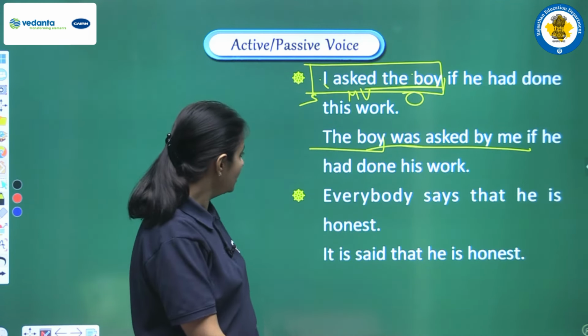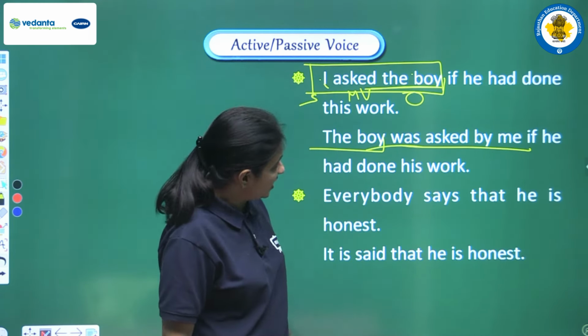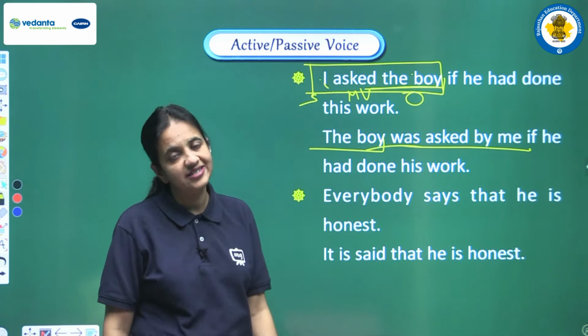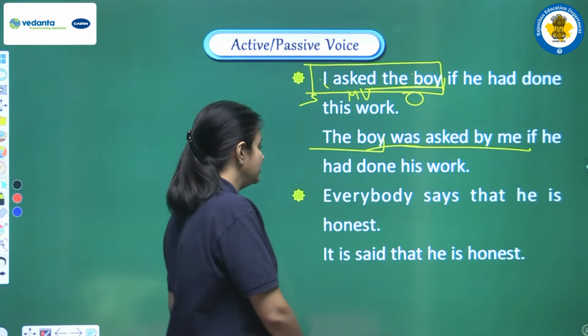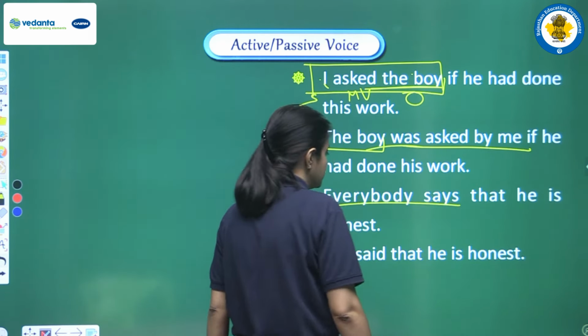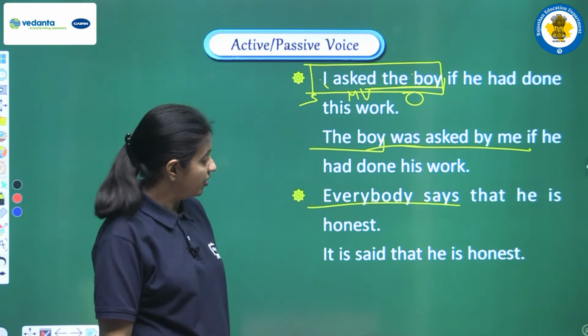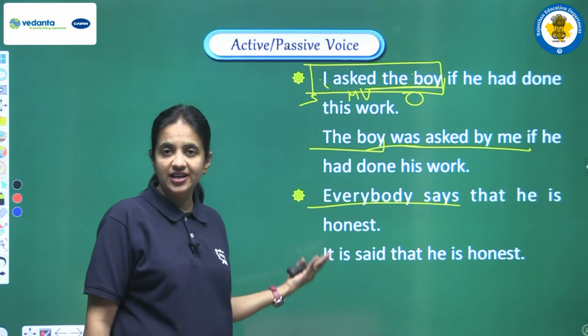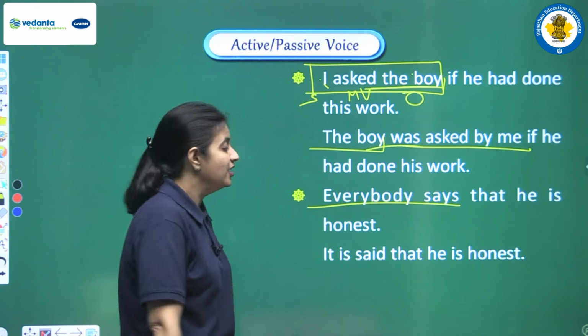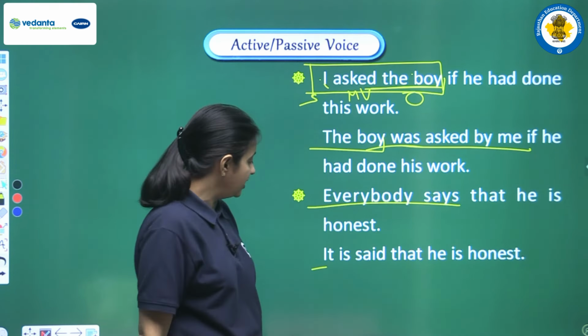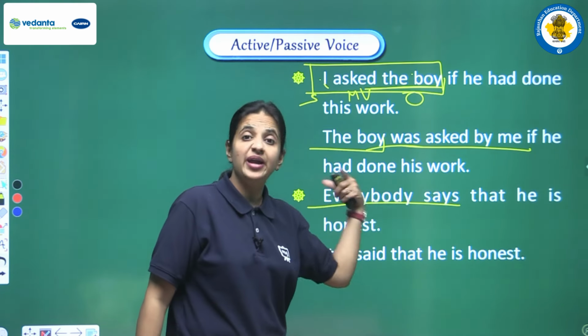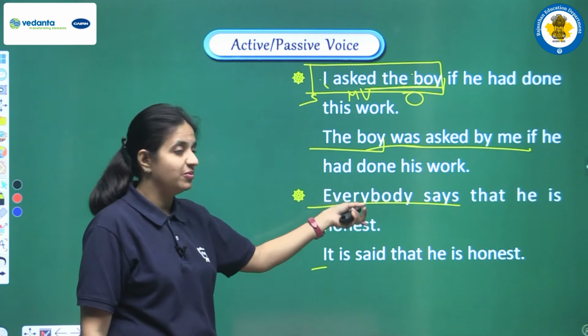Okay, next is everybody says that he is honest. Again two clauses are there in this sentence. The main clause is everybody says, subordinate clause is he is honest. So we have to follow the same rule. We have to start the sentence with it, and we have to convert only the main clause into passive voice, that is everybody says.